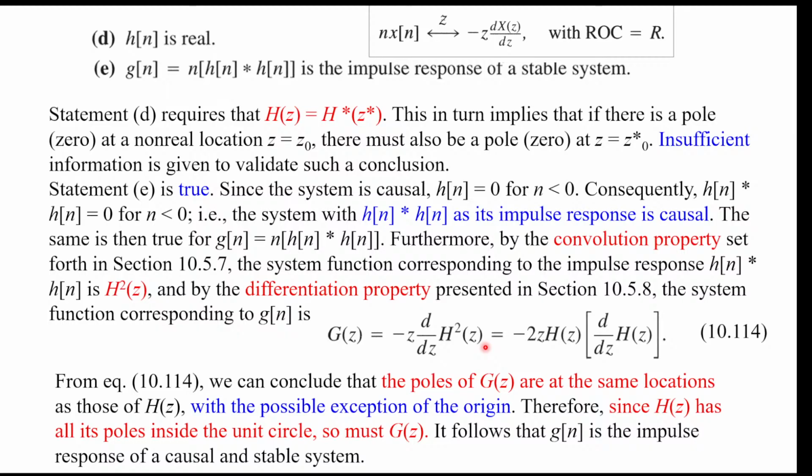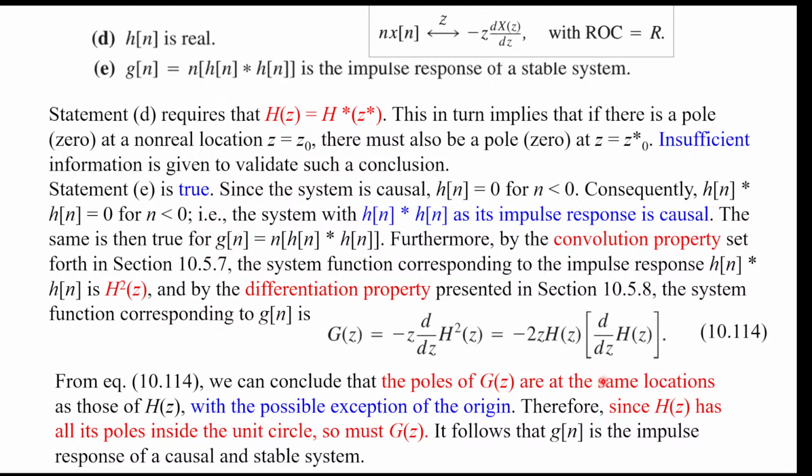Its algebraic form is three things multiplied together: z, H(z), and dH(z)/dz. We saw before that dH/dz has the same location of poles, because differentiation doesn't remove poles. And when you multiply two things together, you also don't remove poles, so it's still the same location of poles.